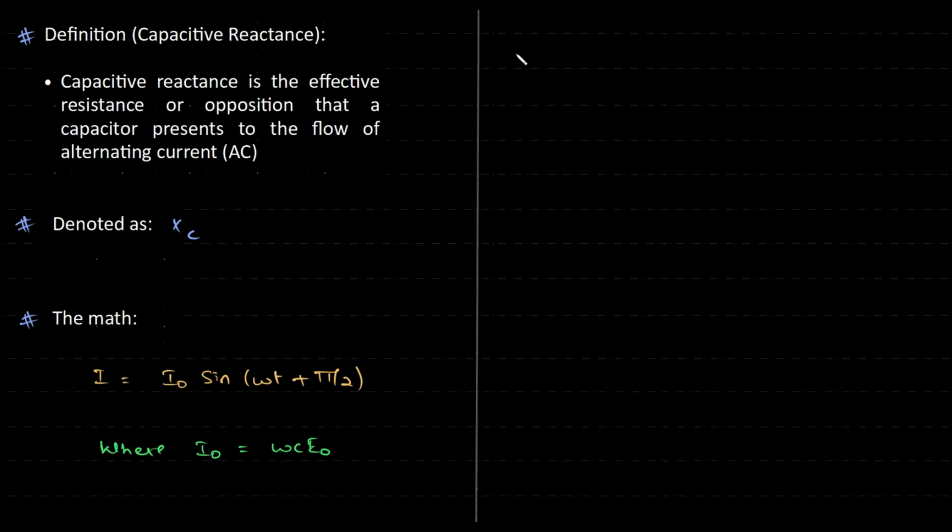Now, on comparing this with V is equal to IR, so I is equal to V by R actually. So what do we end up with?